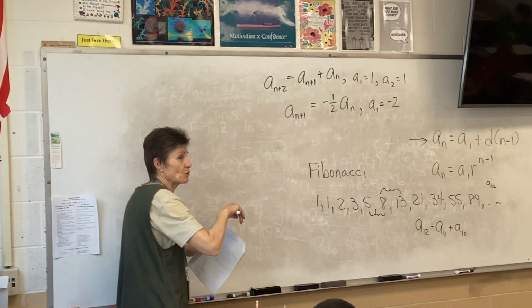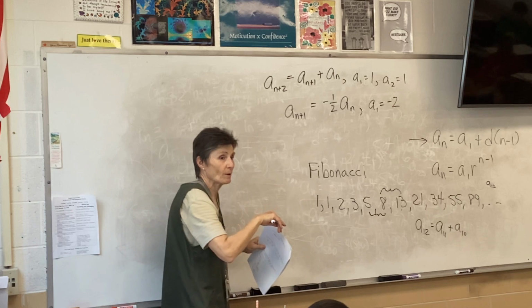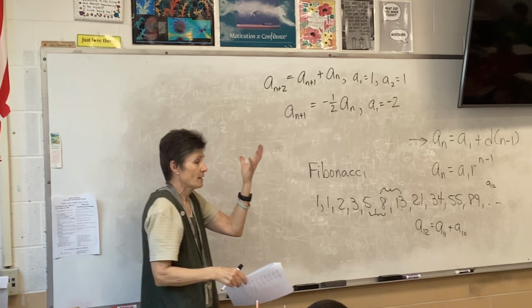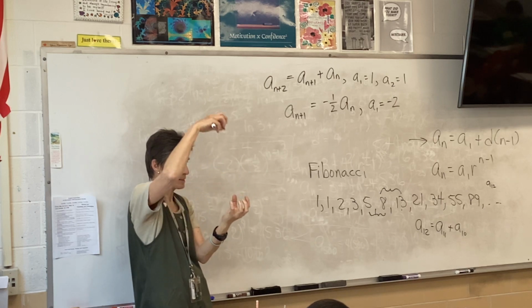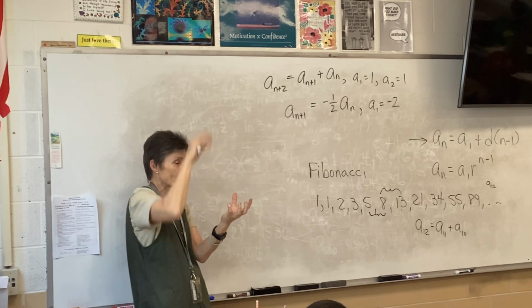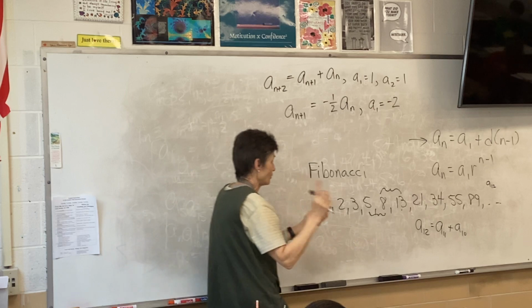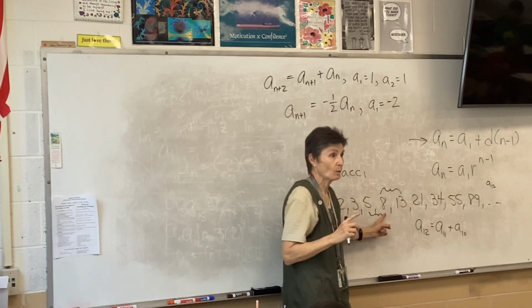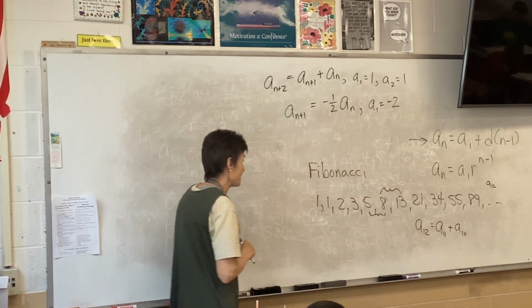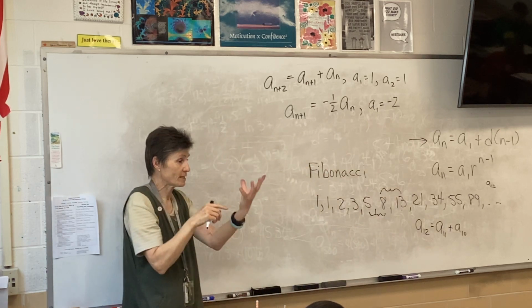It's all over in nature. Next time you're out tromping around the woods, pick up a pine cone, hoping it hasn't been damaged. You know how they have kernels coming up, the little kernels and the layers of them. If this layer of kernels has 21, the one right above it will have 13, and the one above that will have 8, and so on. Bee honeycomb, you ever seen a honeycomb?